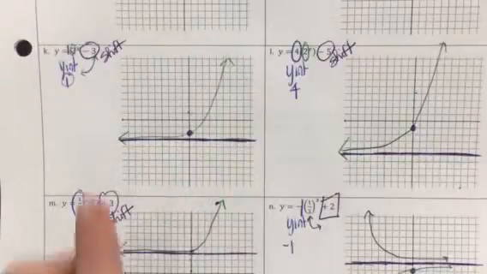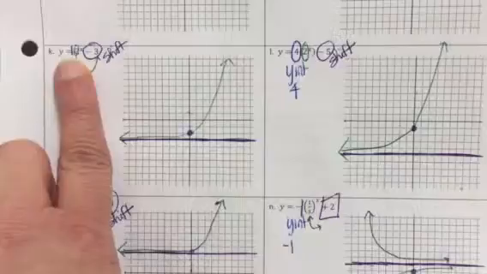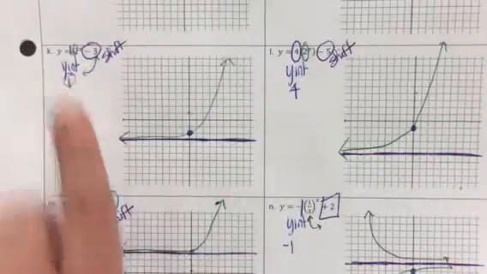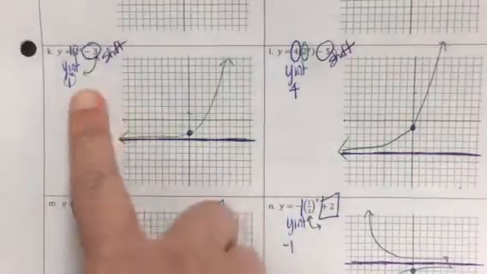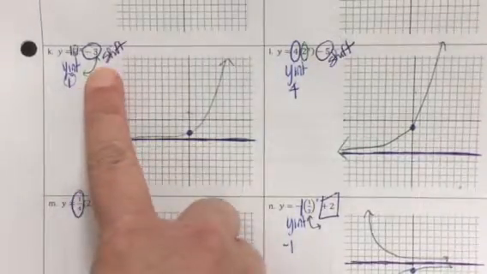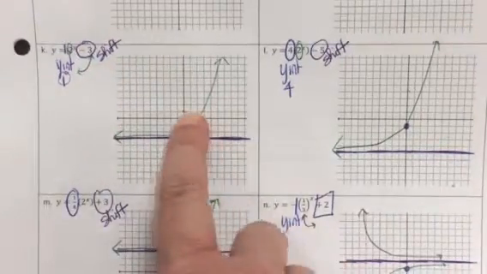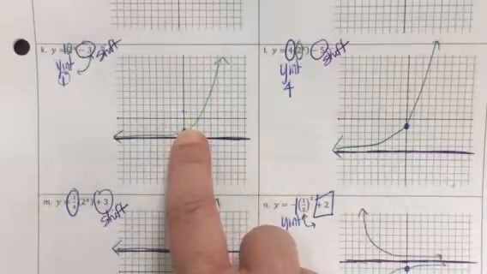On the next ones, we have a coefficient of 1, even though you can't see it. So my y-intercept is a 1. It's going to be just a little less steep than the last line because it's a 2, but it's still an increasing graph. And this time it shifts everything down 3 spaces. So what should have been a y-intercept of 1 is getting shifted down 1, 2, 3 spaces.